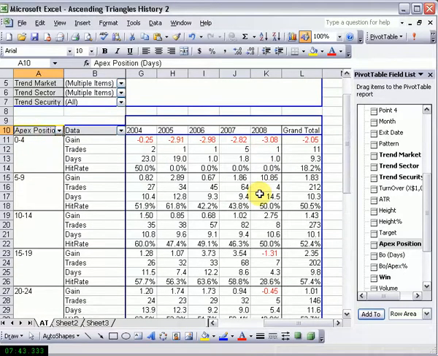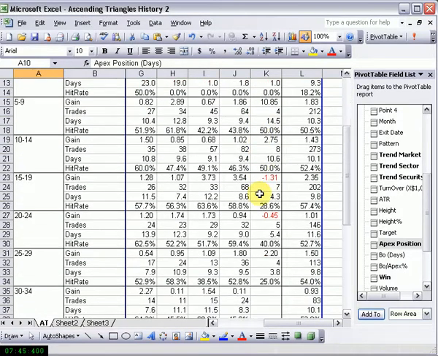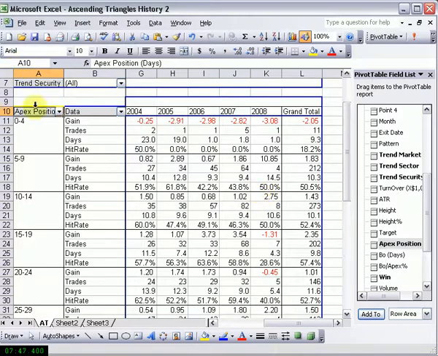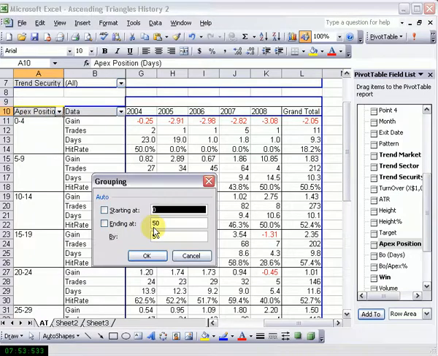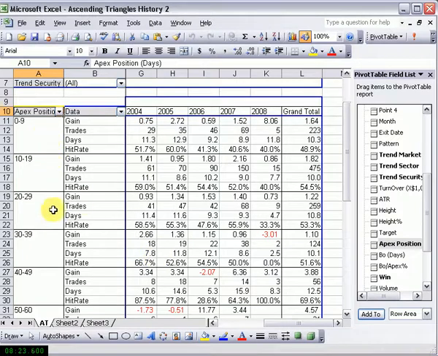And what we can see here is it's been grouped in groups of 5 days. Now if you don't like the grouping, you can change it by right-clicking, group and show detail, group. And you can start at 0, go through to 60, and jumps of 10. Tell it OK, and we'll re-sort the actual groups.